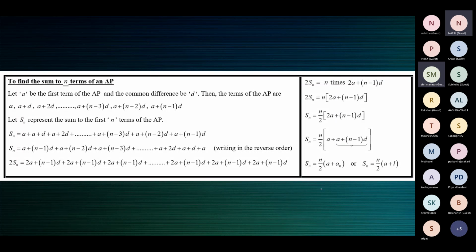How to find the sum to n terms. What we just understood is the expression to find a particular term of the AP. You want to find the 10th term, you want to find the 20th term. So if you want to find a general term of the AP, we derived that expression, A plus (n minus 1) into D. Now this is the derivation to find the sum to n terms.